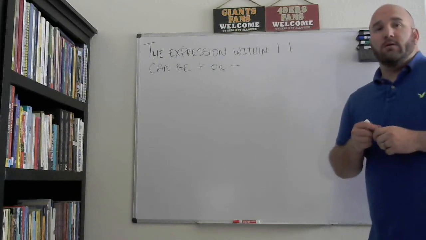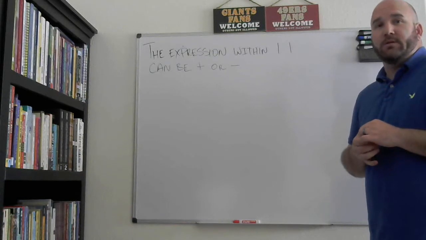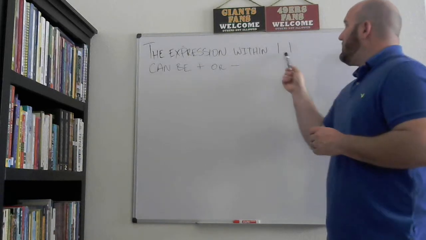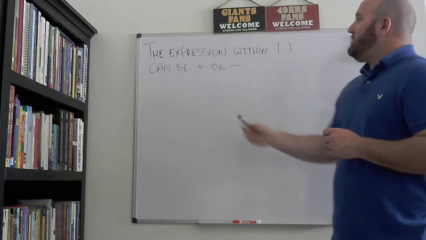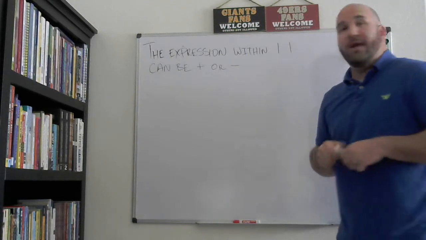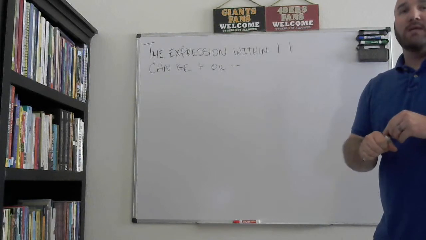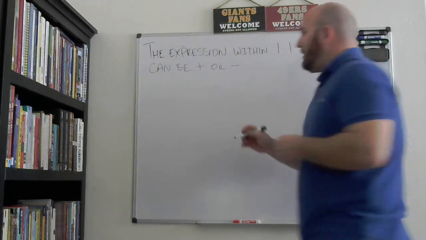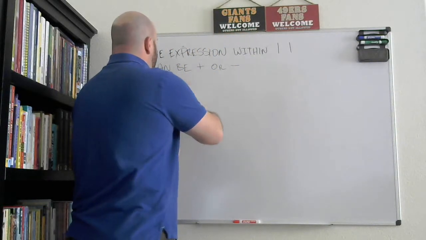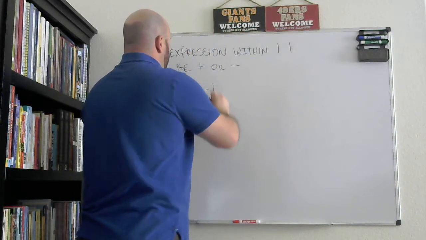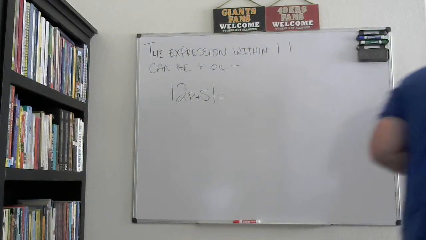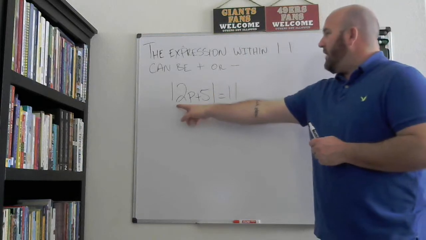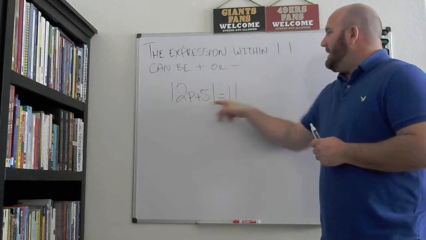Now let's look at solving when the variable expression is within the absolute value symbol. So when the expression is within the symbol, then we know that the expression can either be positive or negative. And what that means is that we're going to have two equations to solve. So the example they gave you was the absolute value of 2p plus 5 equals 11.